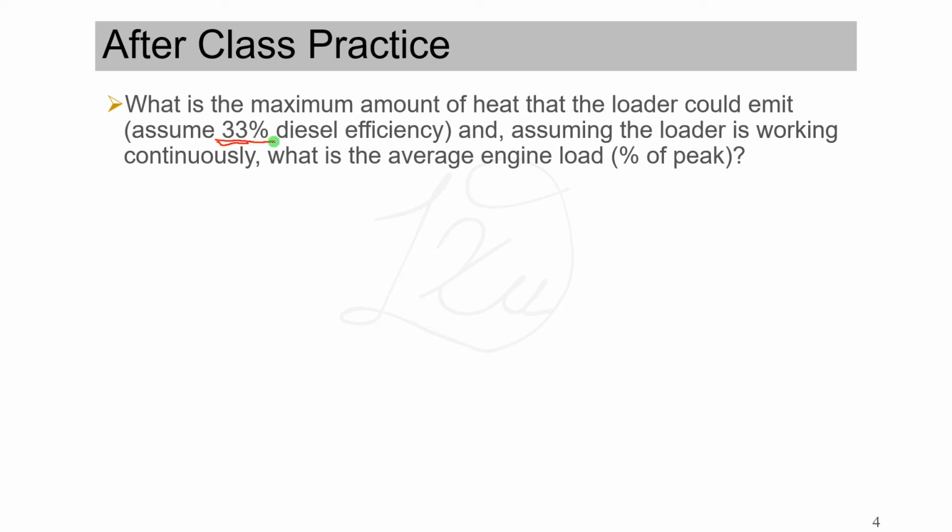The next question asks, what is the maximum amount of heat that the loader could emit? Assuming 33% diesel efficiency and assuming the loader is working continuously, what is the average engine load, as a percent of the peak? The heat generated by a diesel engine can be calculated from Q equals rated power divided by efficiency, times percent time available, times percent utilization.